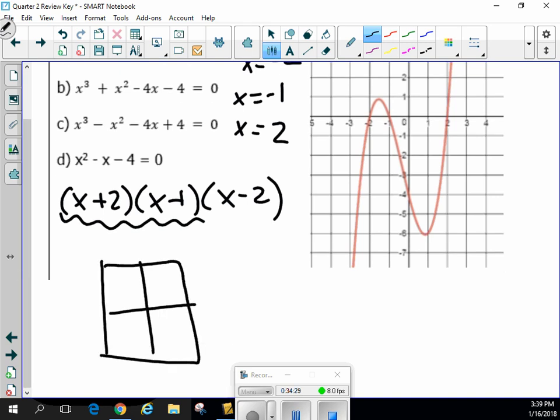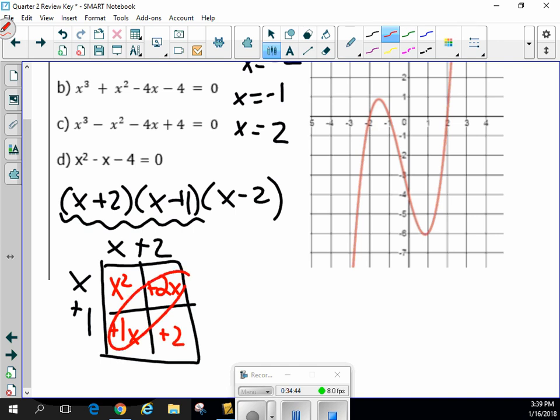Again, we make a box, x plus 2, x. So that's going to give me x squared plus 2x plus 1x plus 2. Combine like terms, I end up getting x squared plus 3x plus 2.